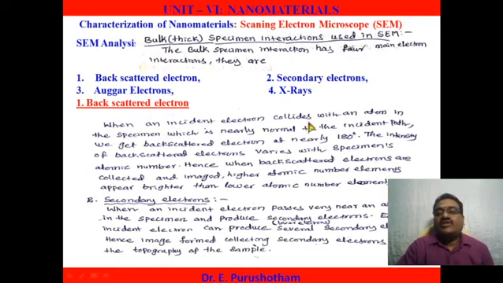When an incident electron collides with an atom in the specimen nearly normal to the incident path, we get backscattered electrons at nearly 180 degrees. The intensity of backscattered electrons varies with the specimen's atomic number. Hence, when backscattered electrons are collected and imaged, high atomic number elements appear brighter than lower atomic number elements.